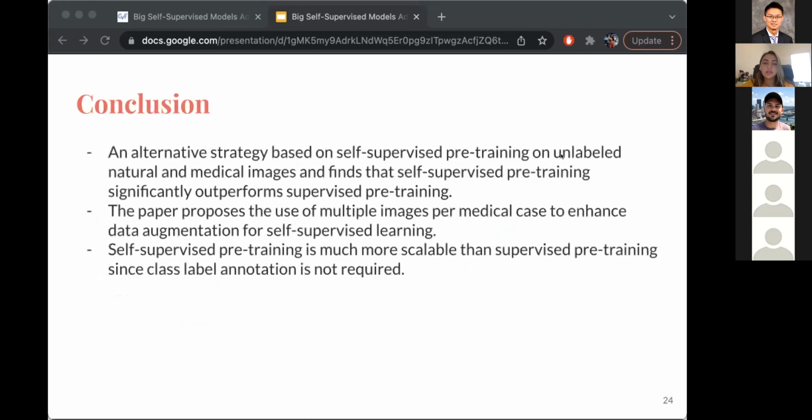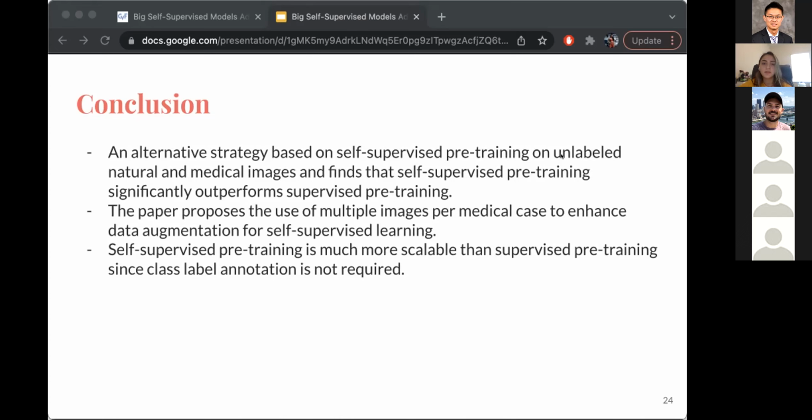So, conclusion: this paper proposes an alternative strategy based on self-supervised pre-training on unlabeled natural and medical images. It shows that self-supervised pre-training significantly outperforms supervised pre-training.